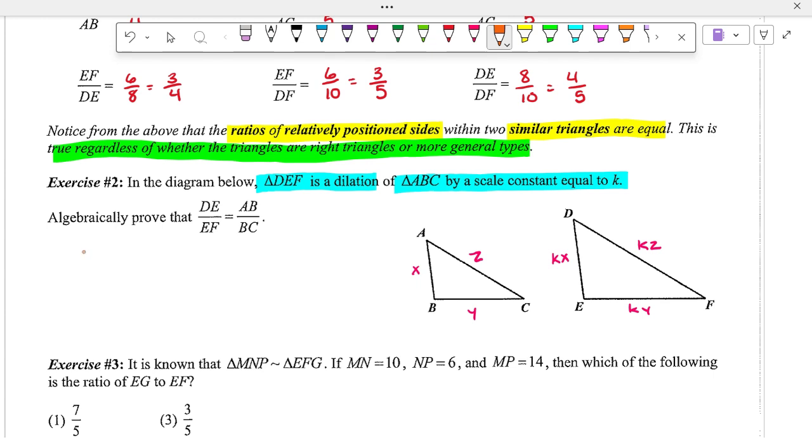So first off, we would say that DE over EF is equal to KX over KY, and AB over BC is equal to X over Y. So why would they be equal to each other?